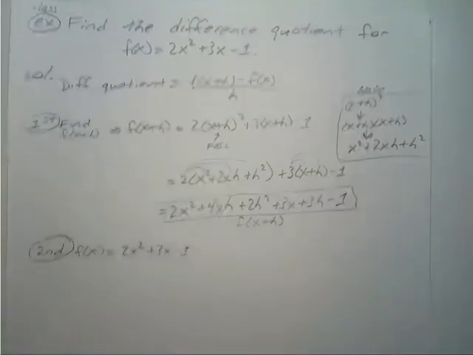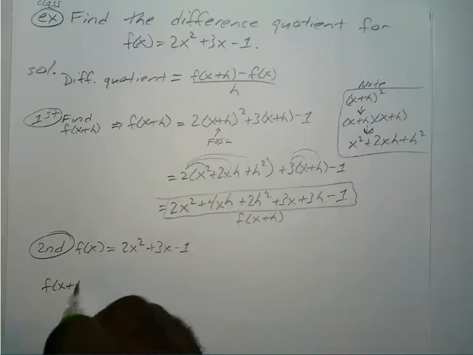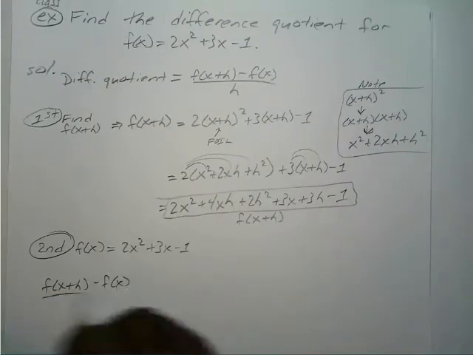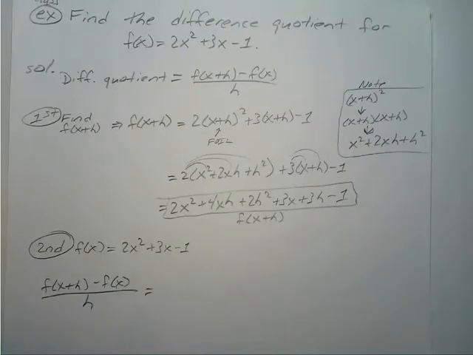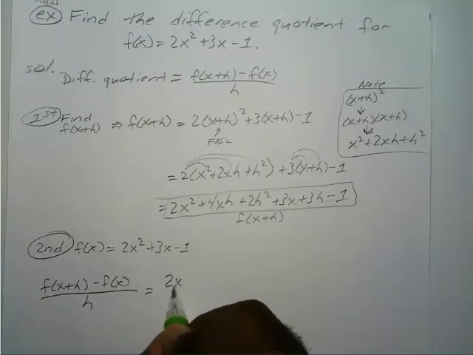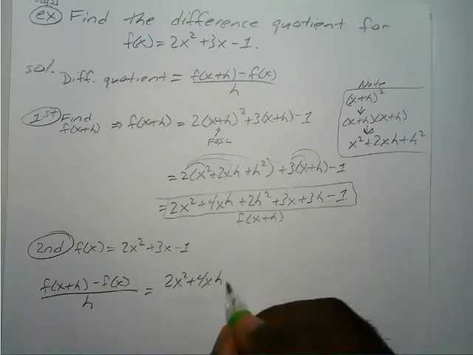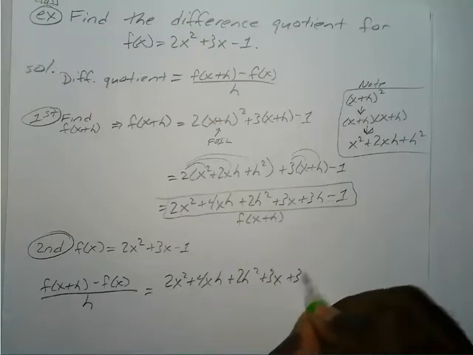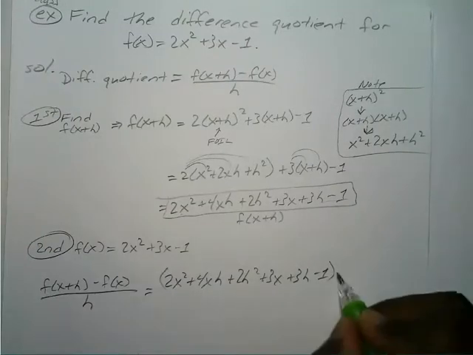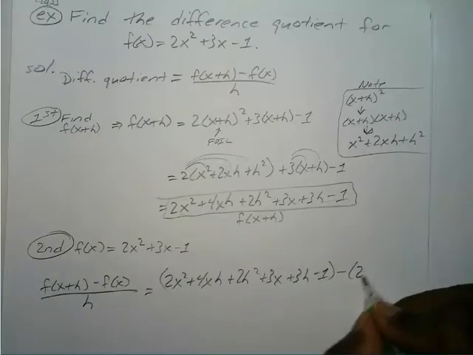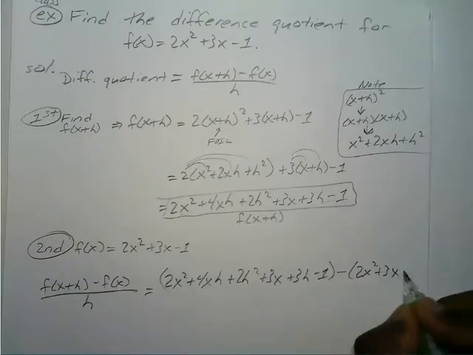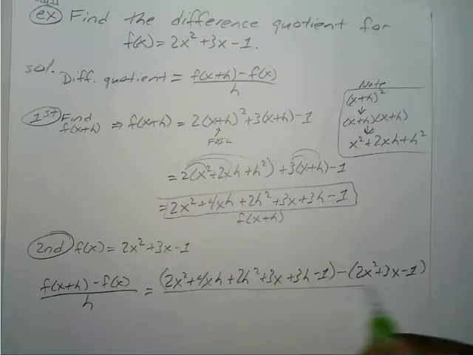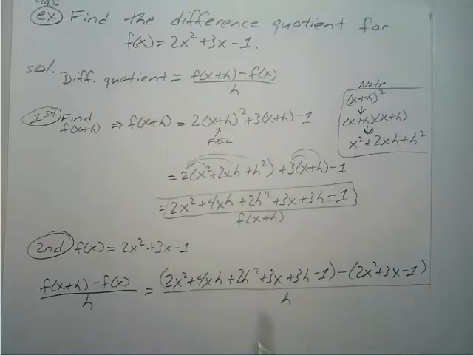So if we plug those in, your f of x plus h minus f of x all over h will equal your f of x plus h, which is all of this: 2x squared plus 4xh plus 2h squared plus 3x plus 3h minus 1, minus your f of x, which is 2x squared plus 3x minus 1, all of that over h.